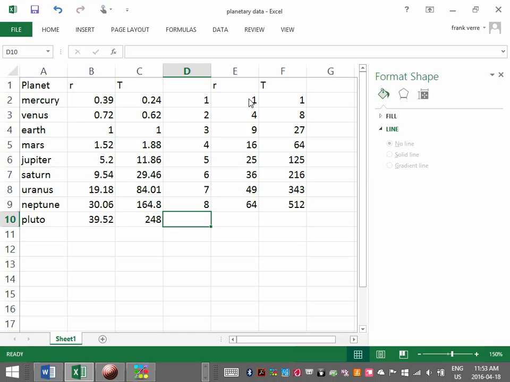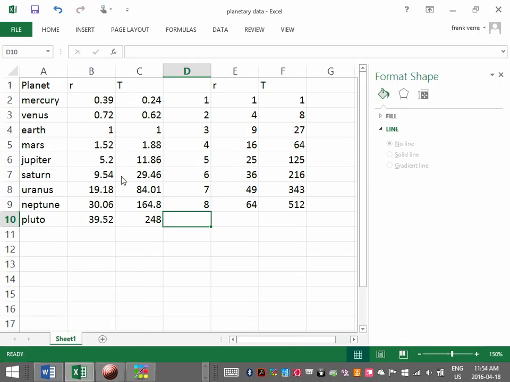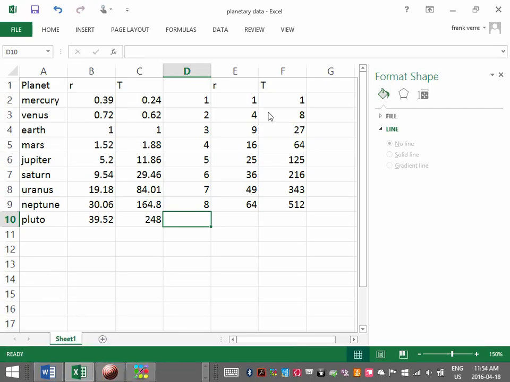Because remember the relationship is r squared. Was it r squared or r cubed? It's r cubed, and p squared, right? I have these backwards then. It was r cubed and p squared. I have these backwards, sorry.